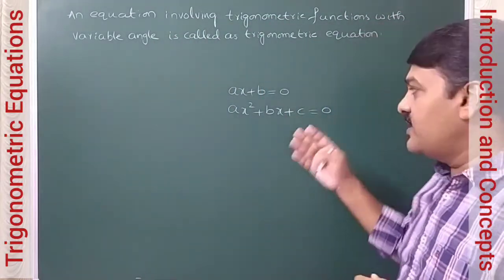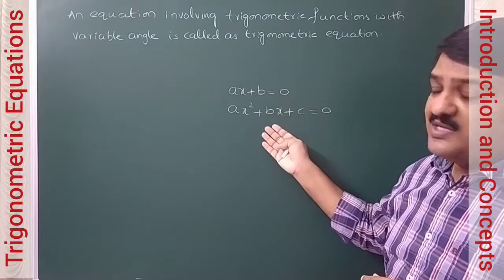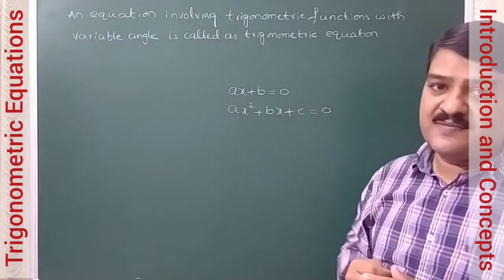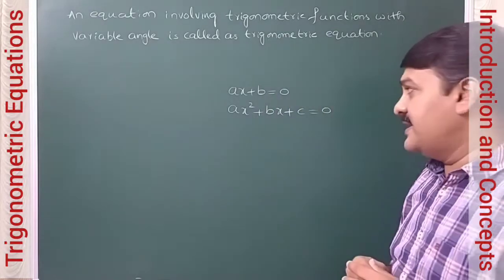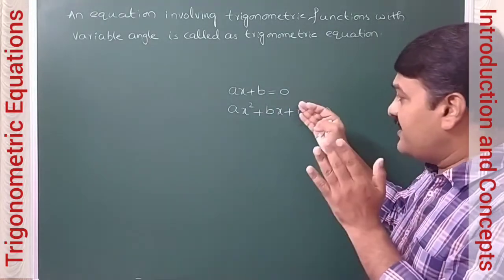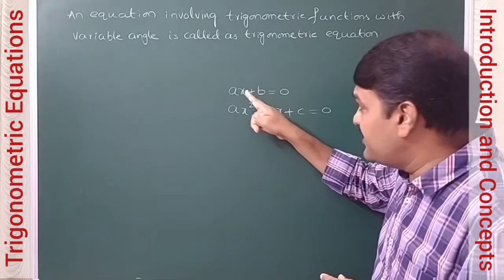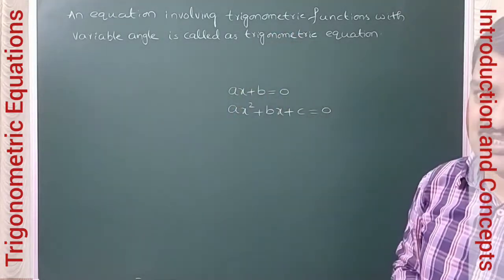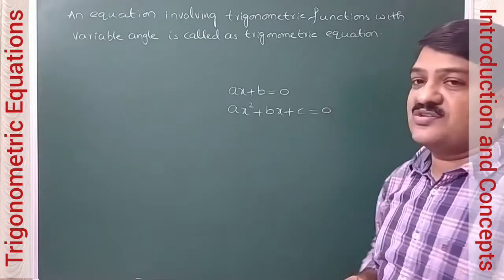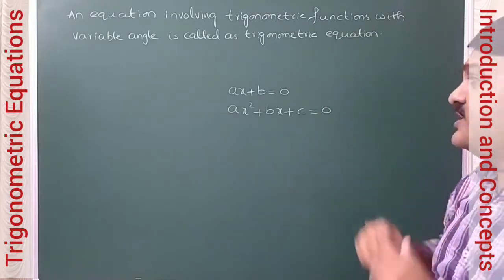Like we have polynomial equations in algebraic functions with variables x or y or t. When we have an equation in which the variable is replaced by a trigonometric function, that equation is called a trigonometric equation.